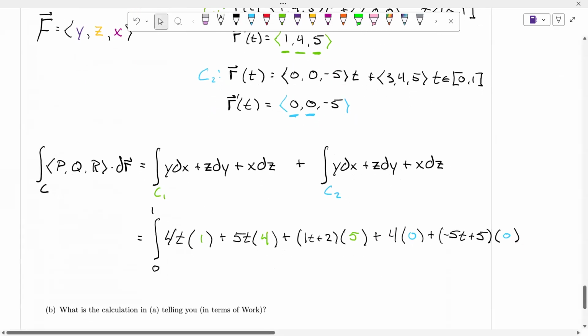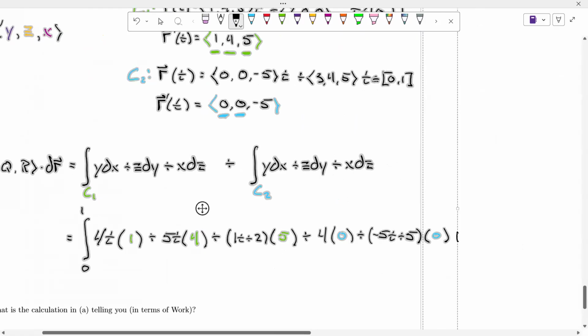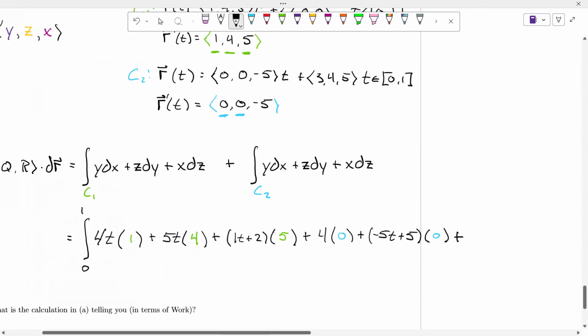And the last part of this super fun and long, exciting integral is x, which is just 3, times dz, which is negative 5. Slap a dt on the end there. And then the last step is to just integrate that whole thing. It's a definite integral, so it's going to come out to be kind of nice.